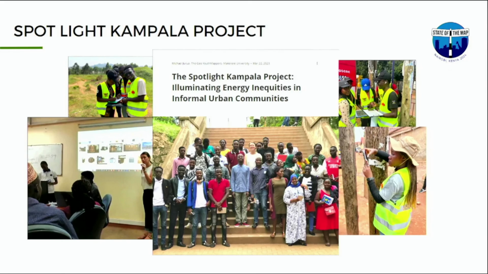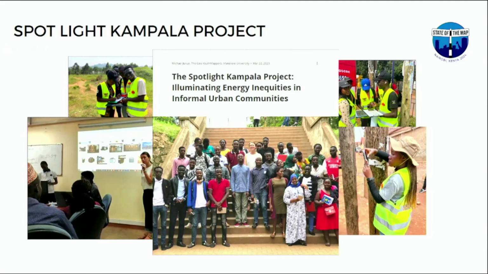It involved illuminating energy inequities in areas such as Katanga and all slum areas within Kampala. It was a multi-institutional project whereby we had a number of organizations: Community Aid Uganda, Arizona State University, as well as the Geo-YouthMappers who were doing the field mapping.